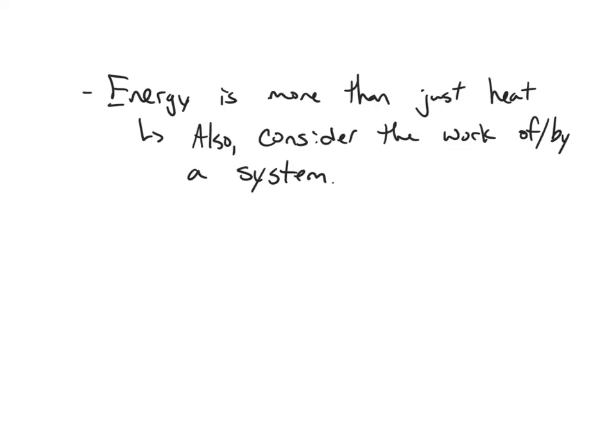In thermodynamics, energy is more than just heat. Energy is the heat and the work that a system can do or can have done on it. So besides the heat energy being absorbed or released by a system, it's also important to consider the work done by a system. In thermodynamics, energy is actually defined as the heat plus the work.